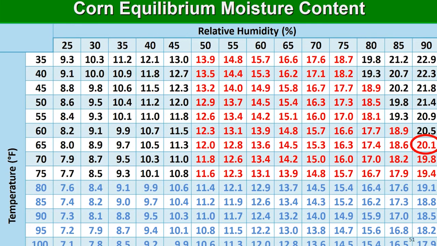Now, think about this. Tomorrow morning, if the temperature is 40, and even relative humidity is 85, means less, and your aeration system is working, you are adding moisture to your storage.